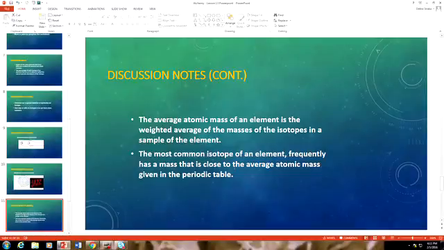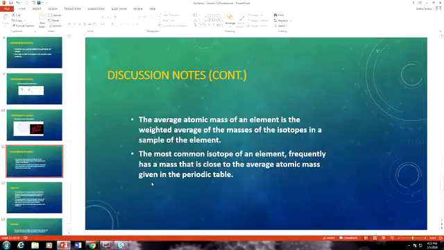Cobalt has an average atomic mass of 58.93. That means that the majority of cobalt in nature is cobalt 59, because we're going to take that 58.93 and round it. But we know that even though most of it's cobalt 59, there must be something less than that, like a cobalt 58 or cobalt 57, for the average to turn out to be 58.93.